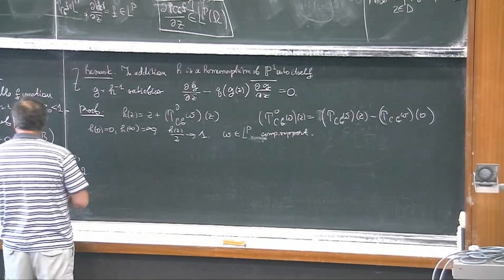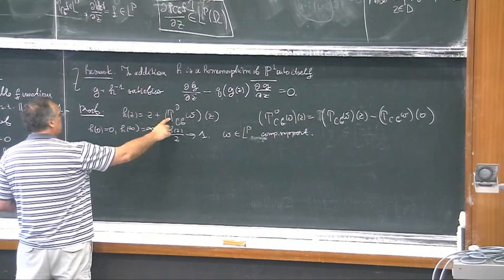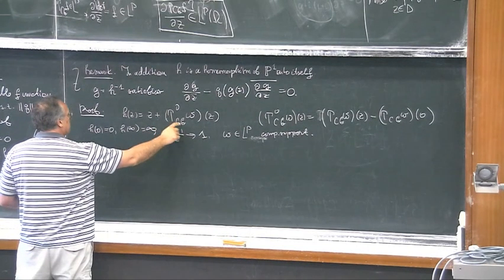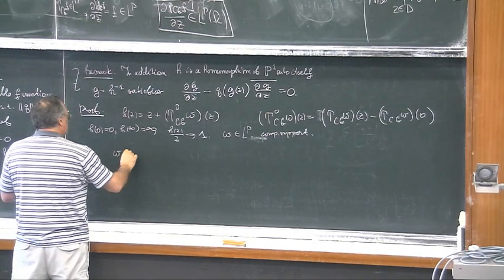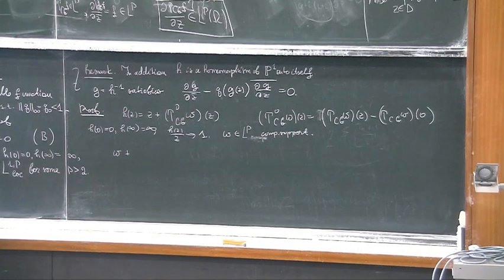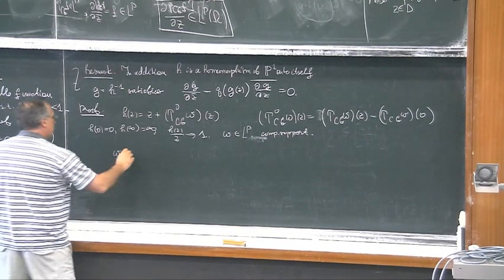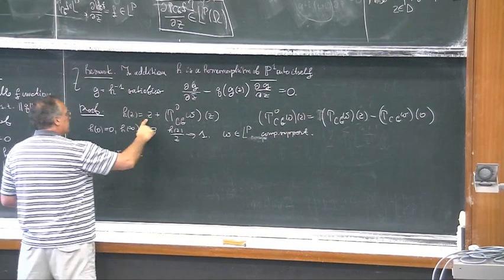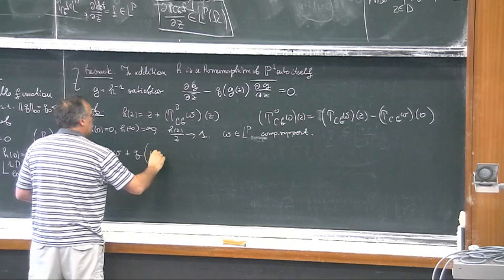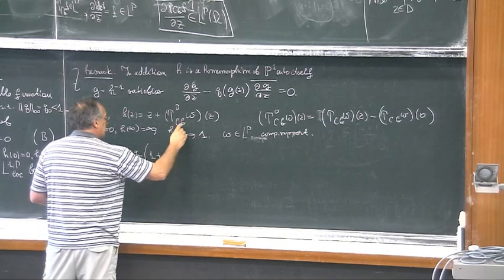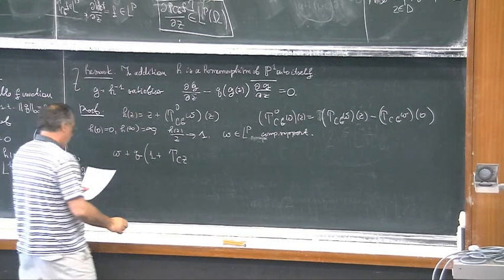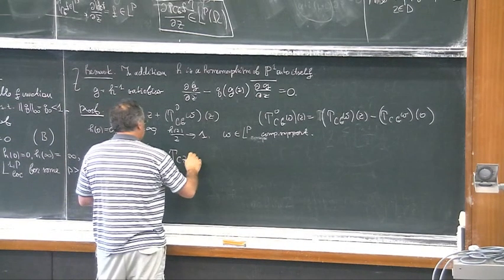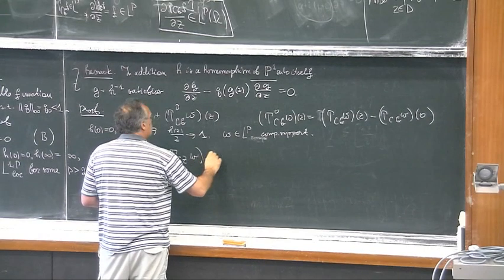And so we will get dh over dz bar. When differentiating this with respect to z bar, we get omega plus q times, when differentiating with respect to z, 1 plus Calderon-Zygmund, the derivative of the Cauchy-Green, Calderon-Zygmund omega, and this should be equal to 0.